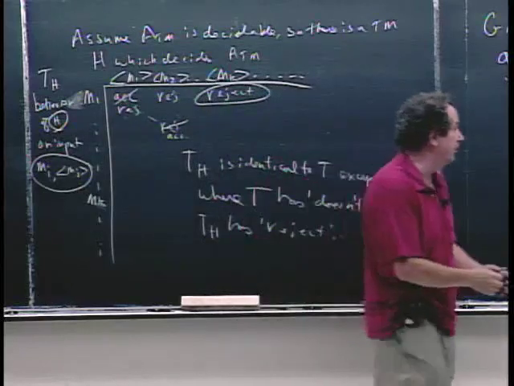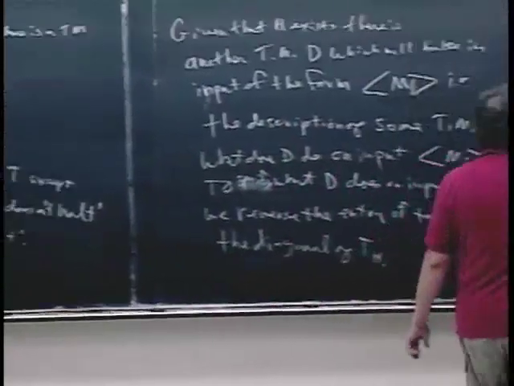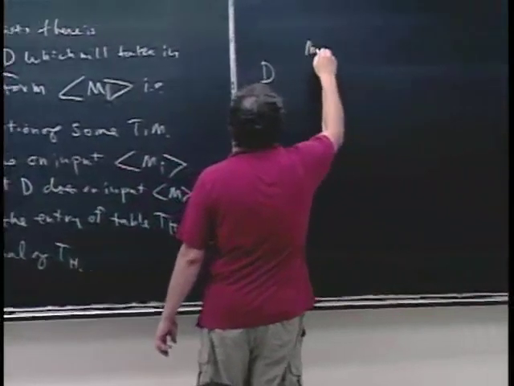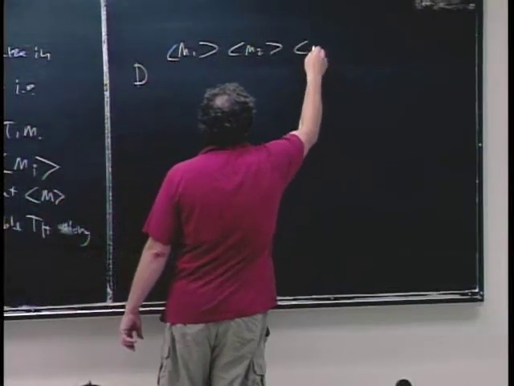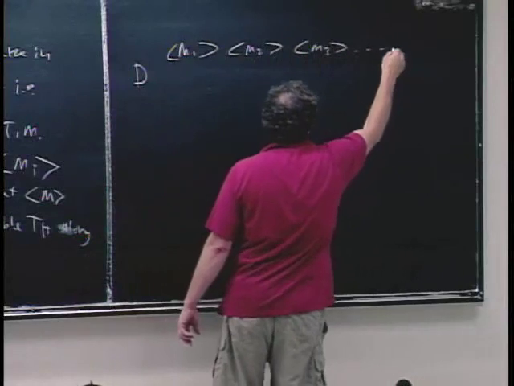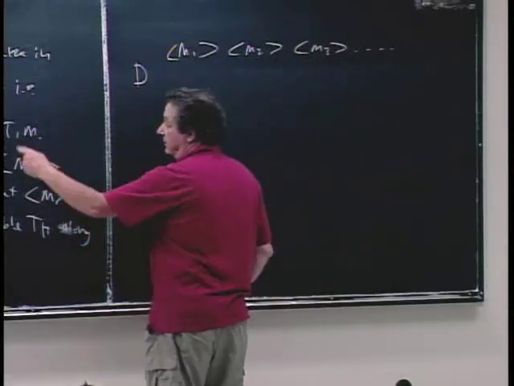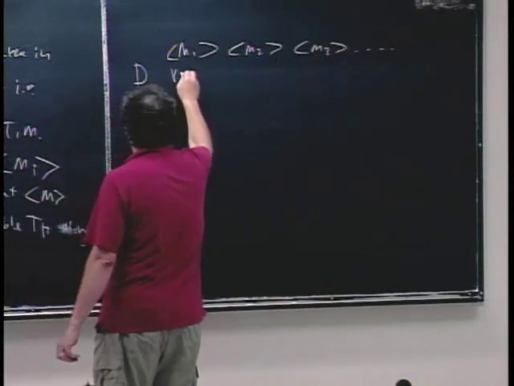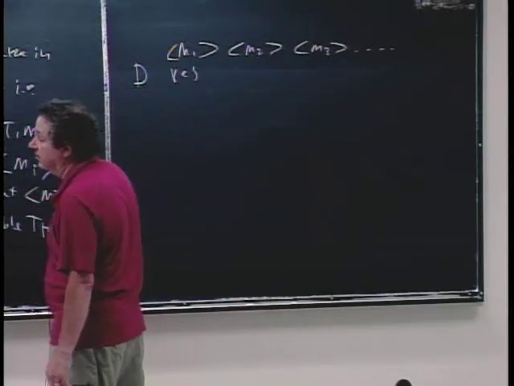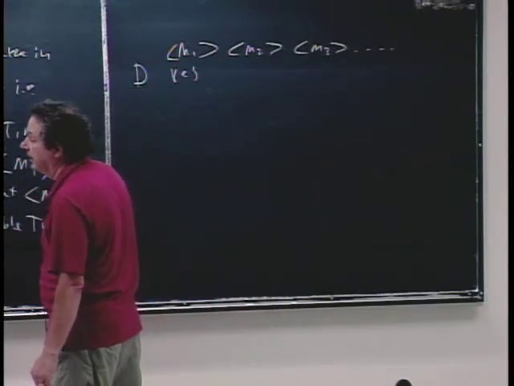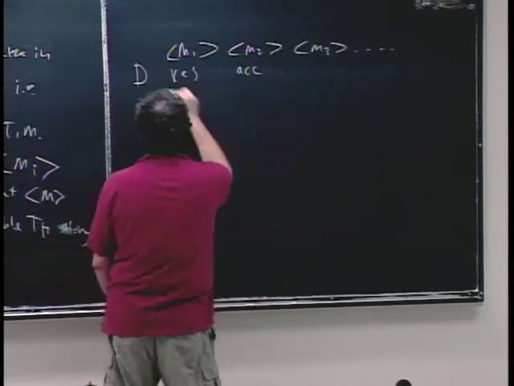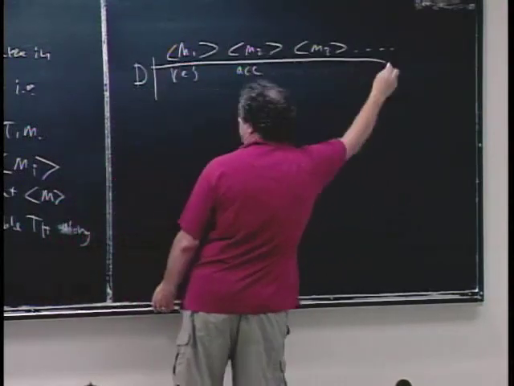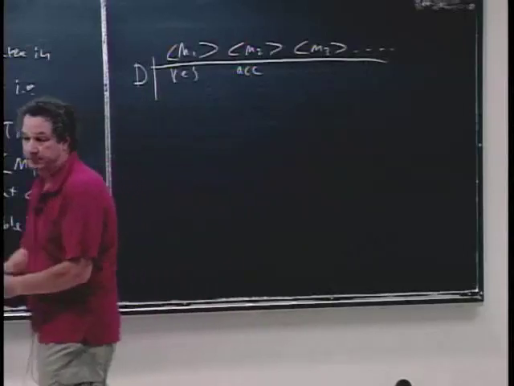Okay, so D's behavior, I could write out D on M1, M2, M3, etc. And the little piece we did over there, it would be a reject on M1, and then an accept on M2, and so on. We don't know what the rest of it is. So D's table is simpler than H's table.